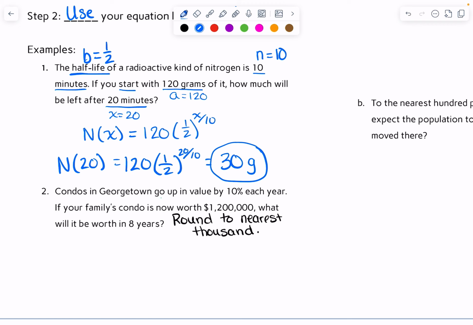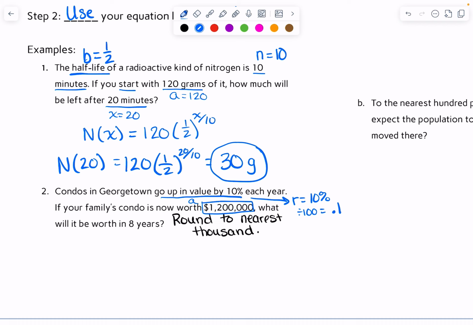So we're going up in value by 10% each year. That's going to be our R. Our R is 10%, which if we divide by 100 would give us 0.1 because we want to be in decimal format. Our starting value is 1,200,000.